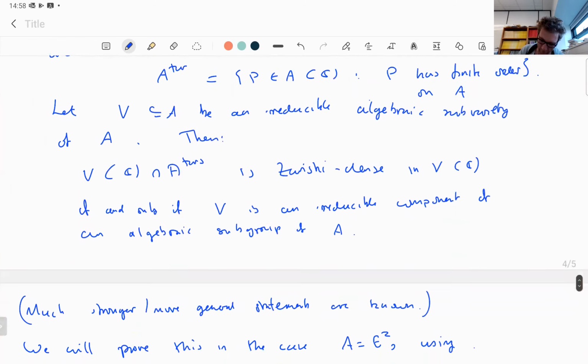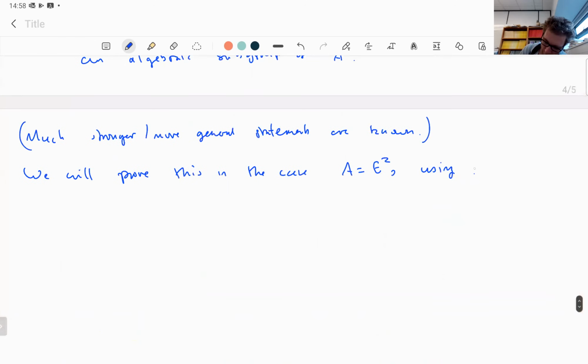That's what we'll give. The method is called the Pila-Zannier method, and it has various ingredients. And in this, we see most of those ingredients.